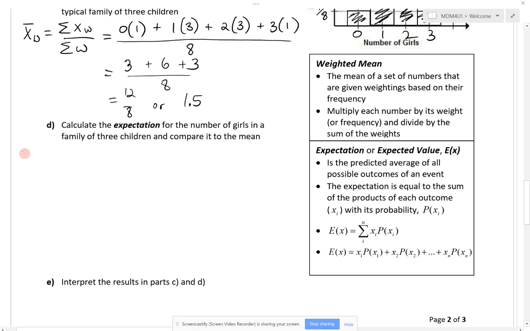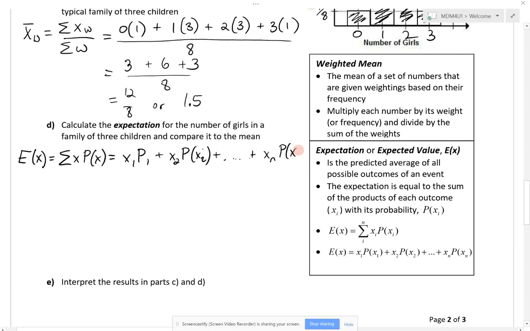The expected value E is equal to the sum of all outcomes times the probability of each outcome, which is x1 p of x1 plus x2 p of x2 plus dot dot dot all the way to the last outcome xn times p of xn. This is a general rule for expected value.